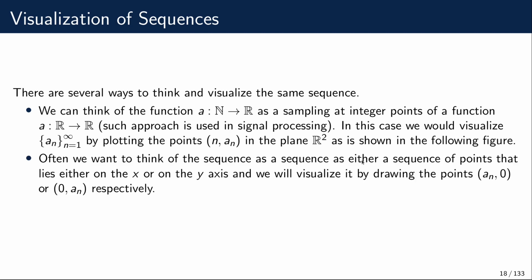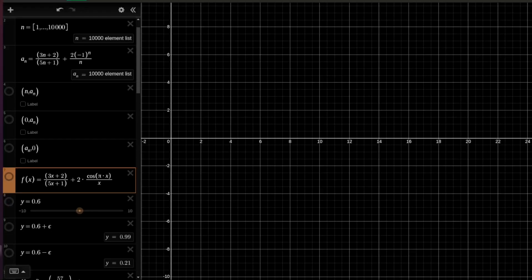In addition, to visualize a sequence, we will often think of it as a sequence that lies on the x-axis or on the y-axis, and then we would plot those points to see the sequence. So let us now see a visual way of seeing a sequence and its elements. Let us see how we can visualize this sequence using Desmos, which is a free tool and a very convenient, very powerful tool.